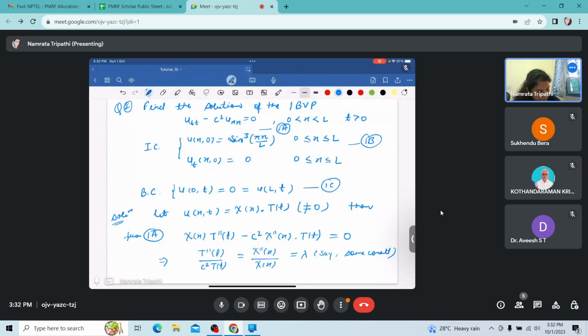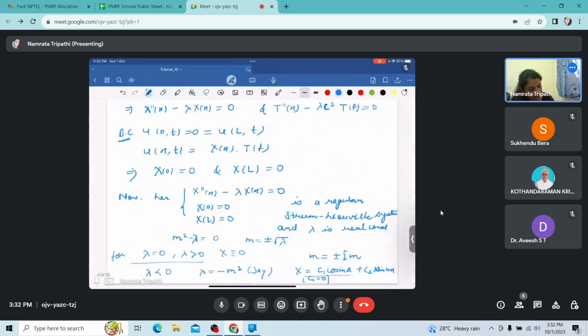So we can use the variable separable method, meaning we consider u of x, t as a variable separable solution and we can find the solution for x and t separately, and with the help of the principle of superposition we can write u of x, t. So firstly we will solve for x, which is a Sturm Liouville system.